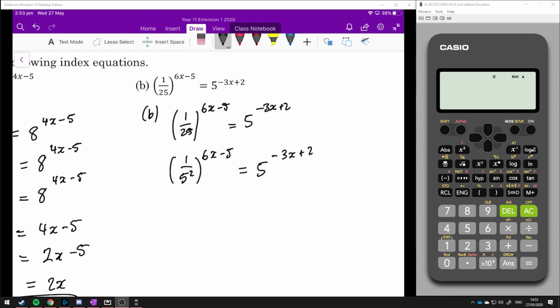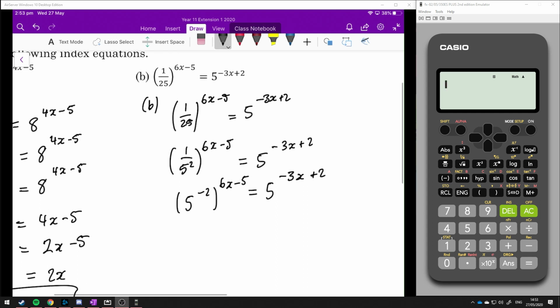Remembering from the previous video, anytime I have the 1 over, I can rewrite that as 5 to the negative of that power, or that index.